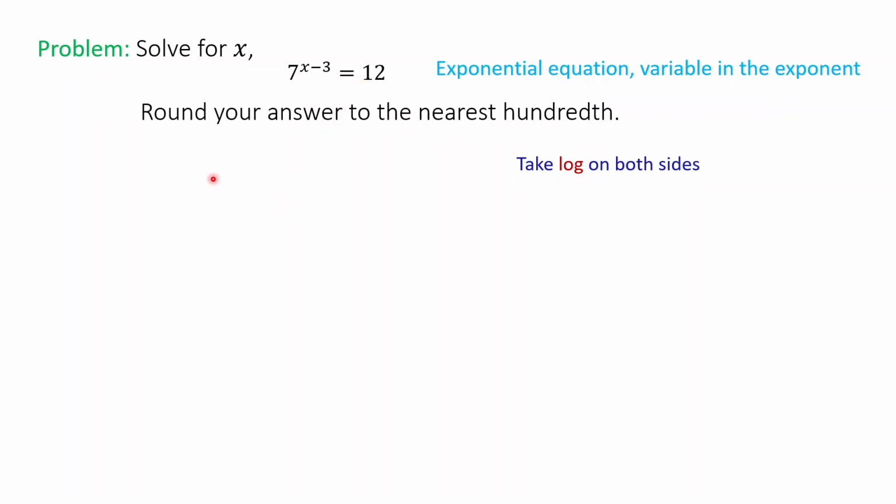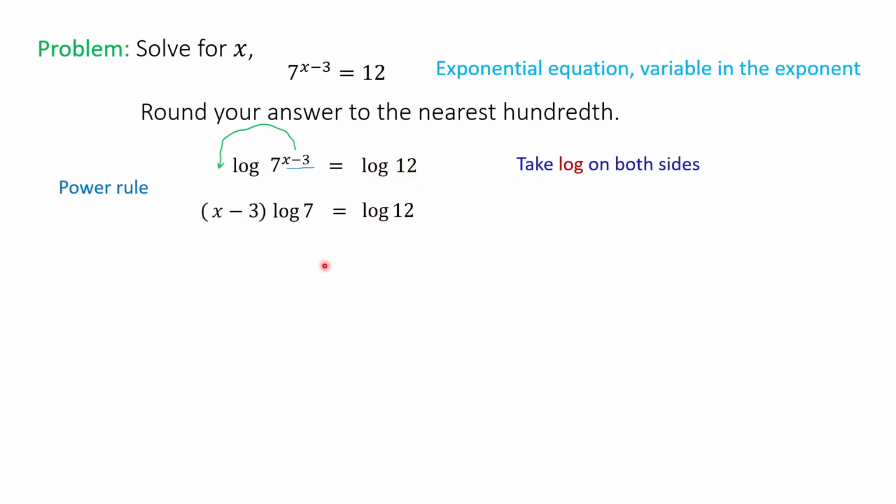You will get log of this is equal to log of this. Now you can bring this down by using the power rule. You will get (x minus 3) times log 7 is equal to log 12.